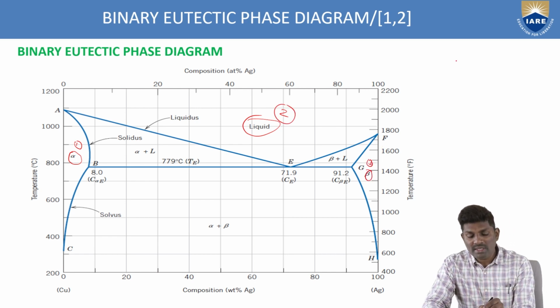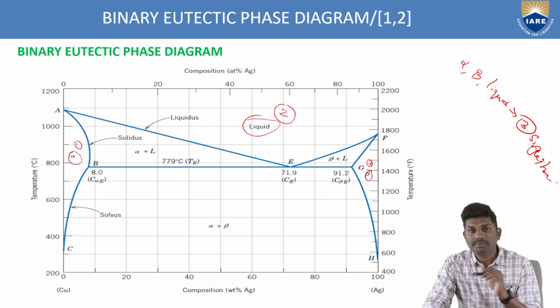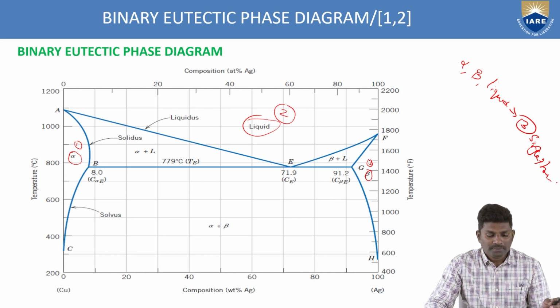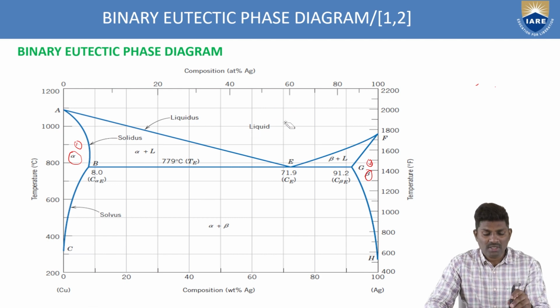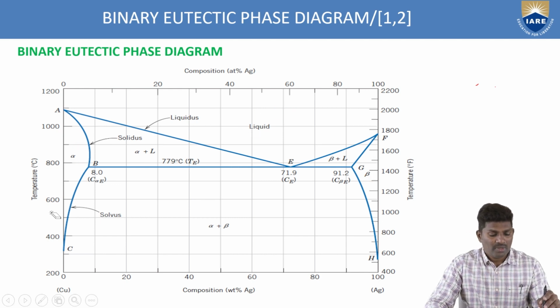So in total you have alpha, beta and liquid, 3 single phases.